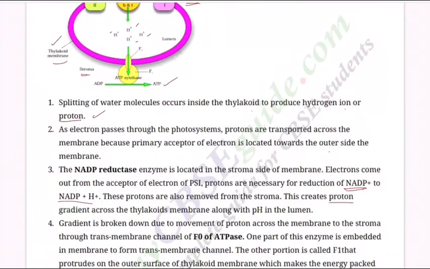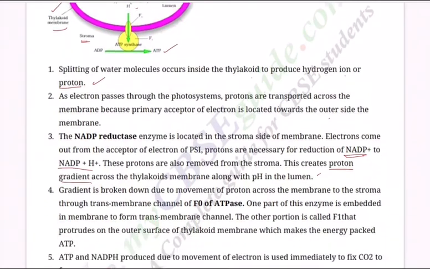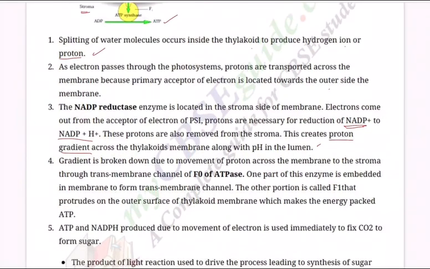So, removal of H plus both through the membrane as well as through NADP creates a lot of proton gradient across the thylakoid membrane, along with a lower pH in the lumen. So, the gradient is broken down due to movement of protons across the membrane to the stroma through the transmembrane channel of F0, that is F0 F1 we said, F0 of ATPase.